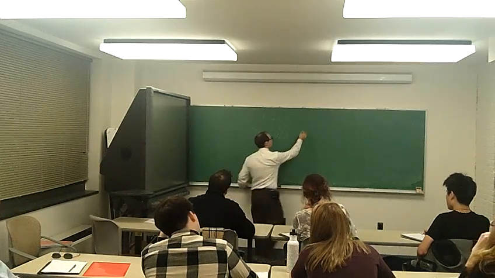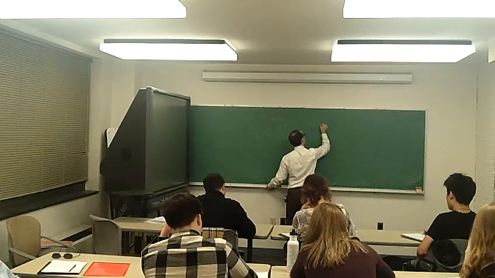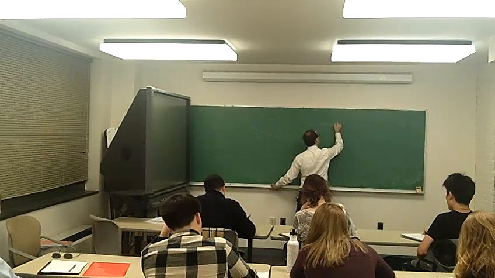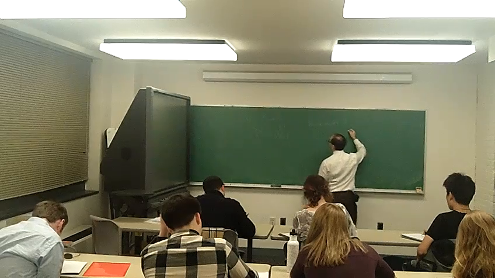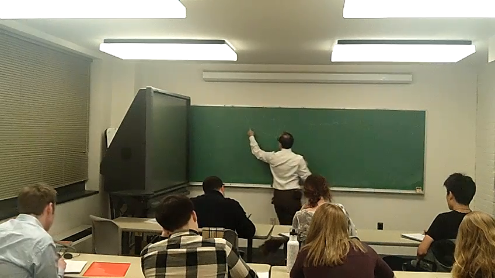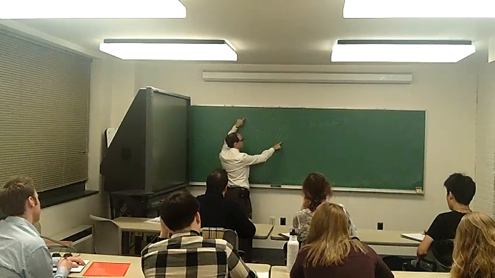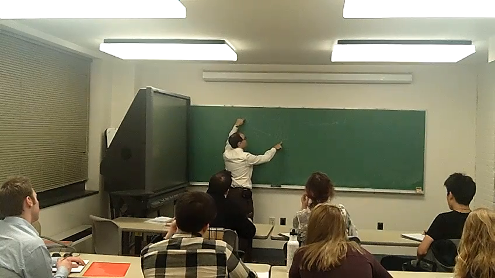So this one commutes if, well, how many paths do I have from V to V quotient W? Two paths.